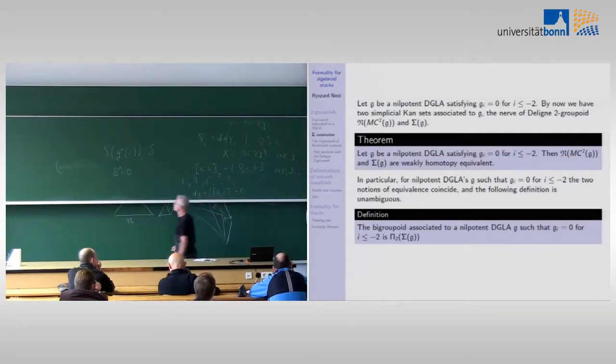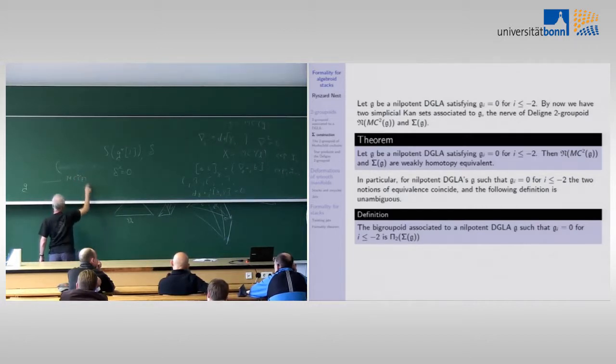Remember what happened: starting with G, I could construct this Maurer-Cartan thing, our 2-groupoid. I could also construct sigma G, and then there was this construction, which is a 2-groupoid. It has a nerve, but it is a 2-groupoid. What I get here is a simplicial space, and then this pi 2 construction produces again a 2-groupoid.